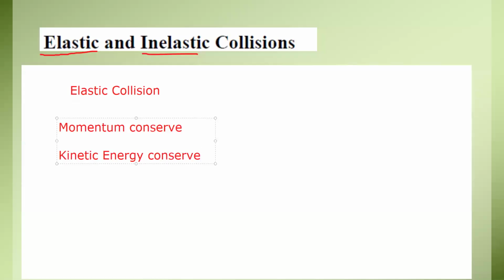When we use the term conserved, it means the momentum before should be equal to the momentum after, and the kinetic energy before will be equal to the kinetic energy after.